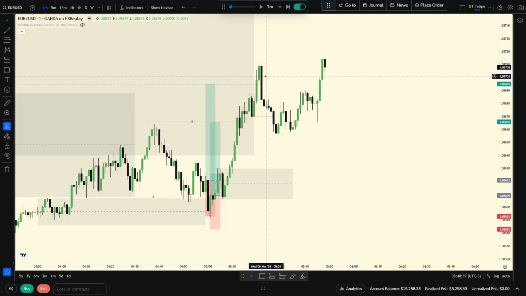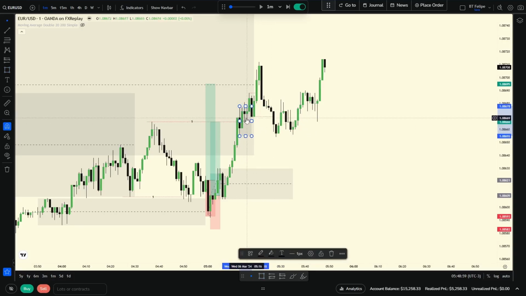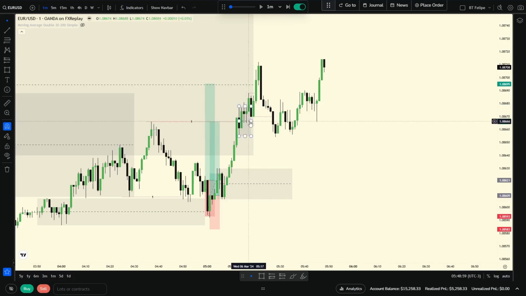Yeah. Maybe I missed some POI. Yeah, this candle was mitigated by this, so there was no POI here, like on this, only this week, but I don't use that.